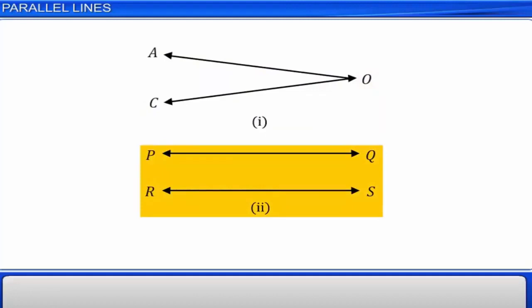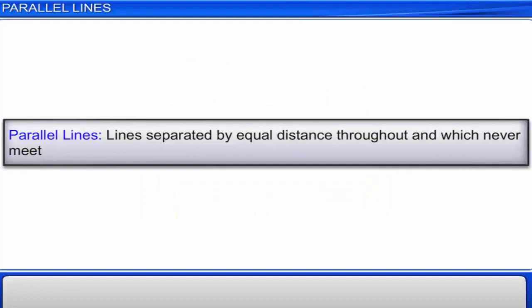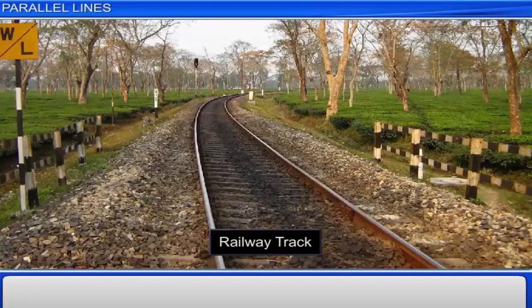Such lines are called as parallel lines. Parallel lines are defined as the lines which are separated by equal distance throughout and which never meet. One such example of parallel lines in our day-to-day life is a railway track.